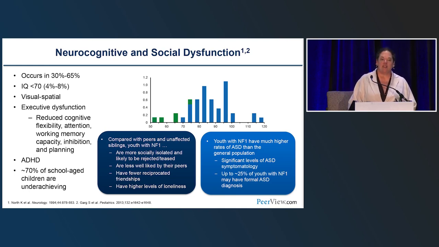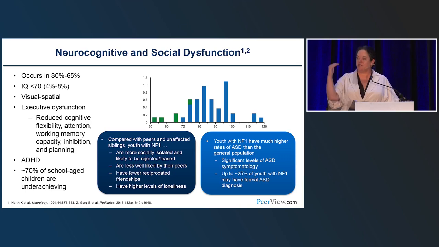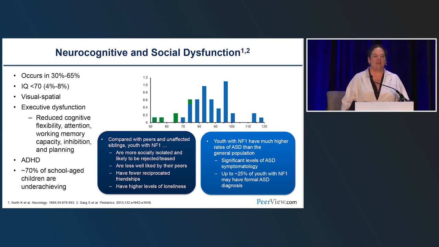They have very clear difficulty with executive functioning, with attention, working memory, being able to follow multiple tasks, and a very high rate of attention and hyperactivity disorders. If you look at kids with NF1 overall, about 70% of them are what we consider underachieving.